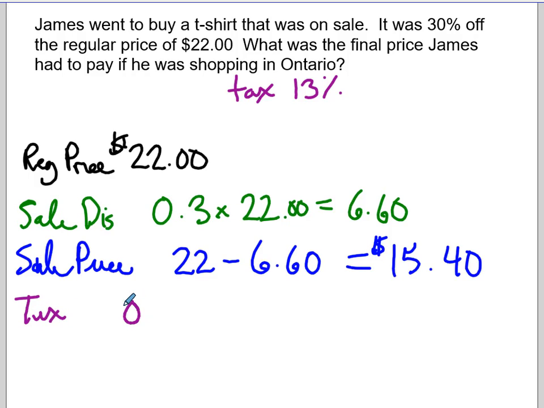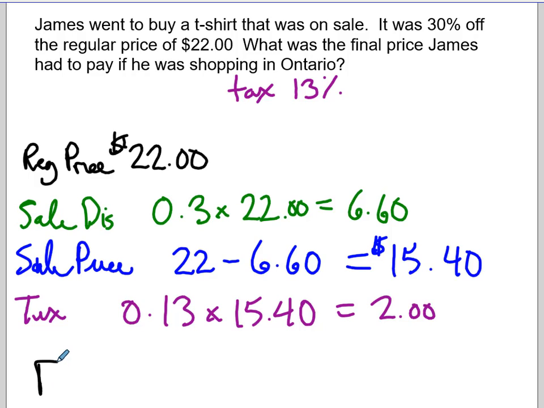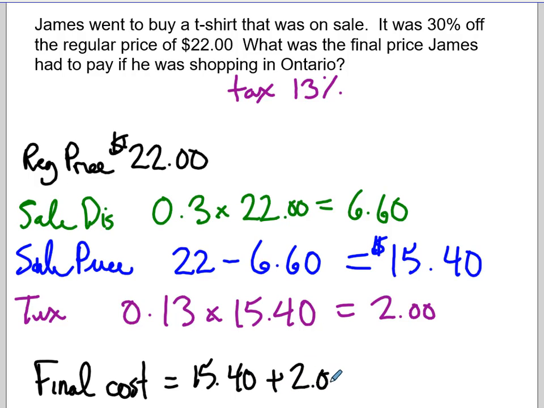We can take 13% times that new sale price and get $2 almost exactly. So our final cost is the $15.40 plus the tax of $2 equals $17.40.